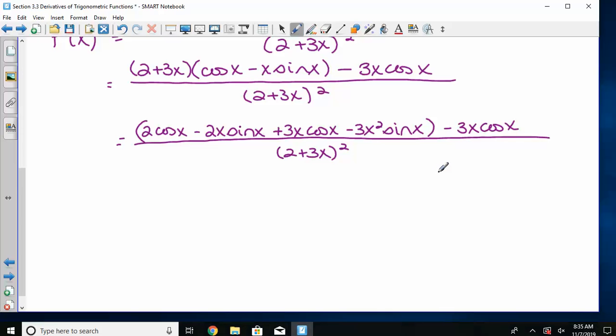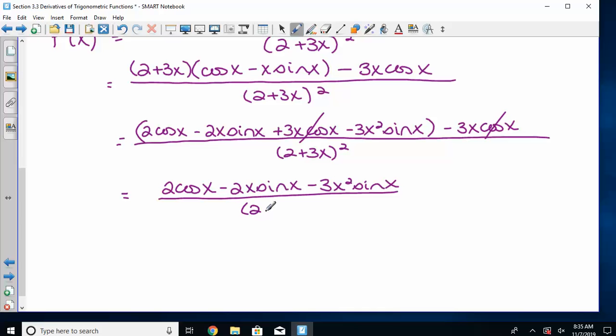Anything simplified? Drop out that. So our final answer, 2 cosine x minus 2x sine x minus 3x squared sine x over the denominator.